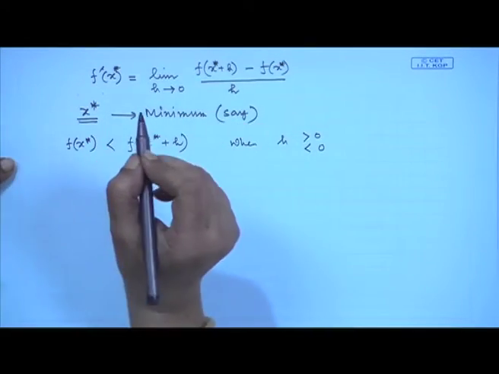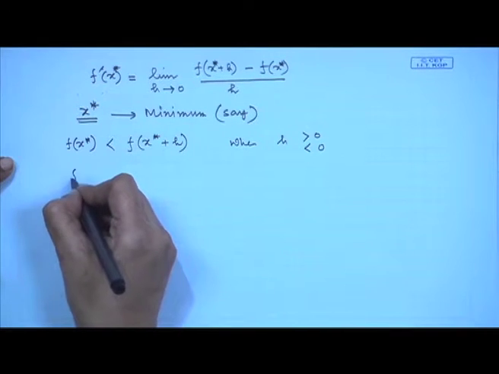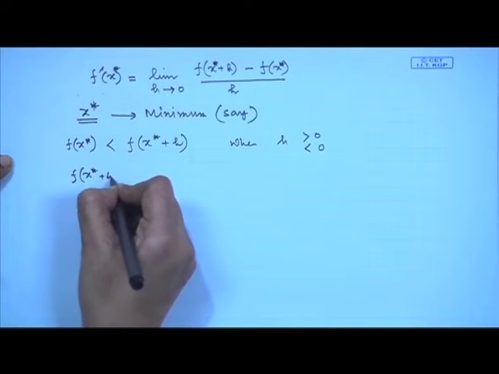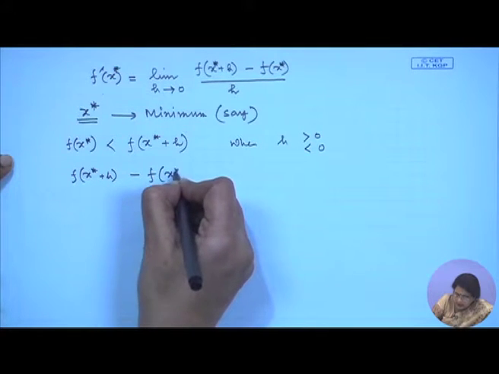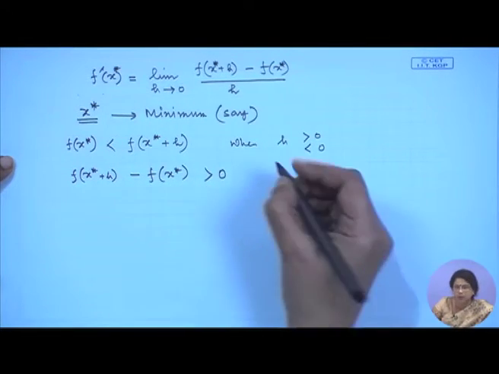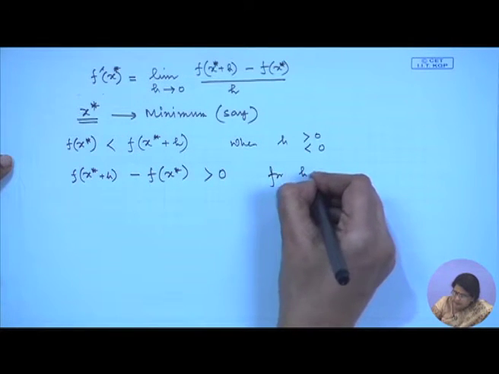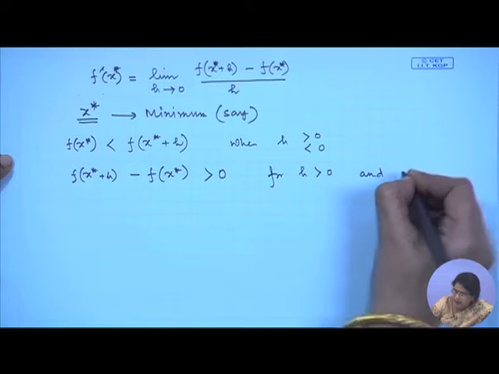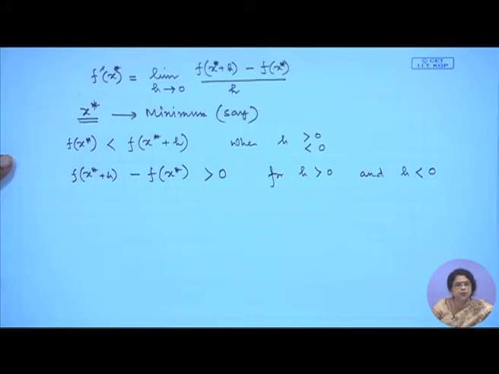Then only we can consider the neighborhood. We are considering a function of a single variable. That is why we can consider that there is a neighborhood in the real line, either h on the left hand side or h on the right hand side of x star. If this is so, look at the numerator. From the numerator, what we can say is that f(x star plus h) minus f(x star) will always be positive for h greater than 0 and h less than 0 even.